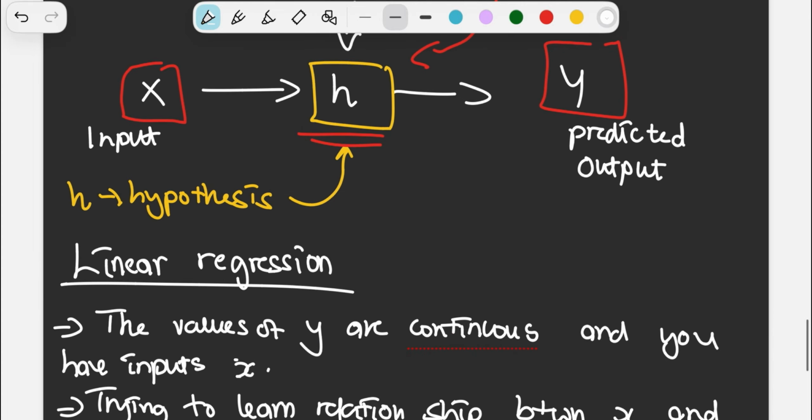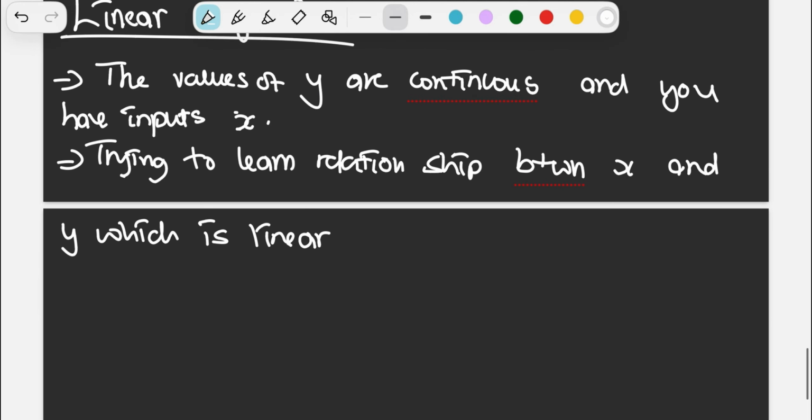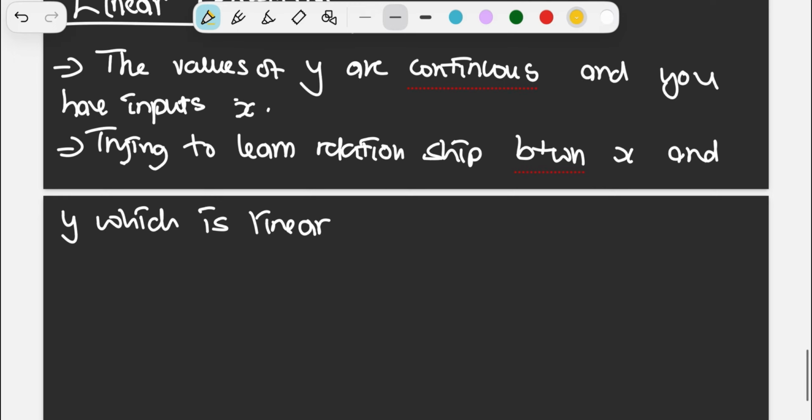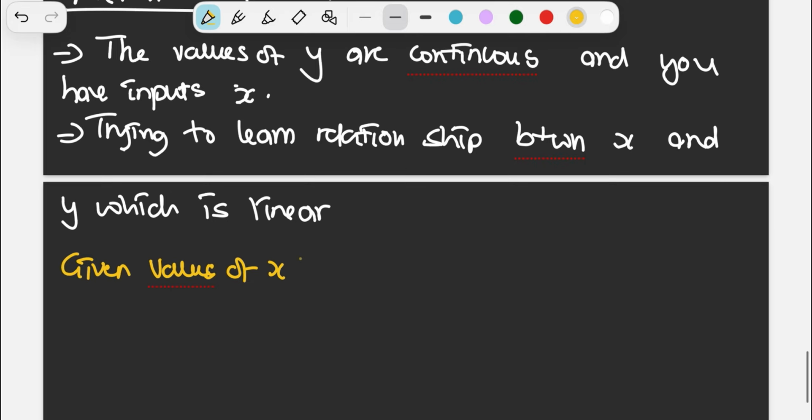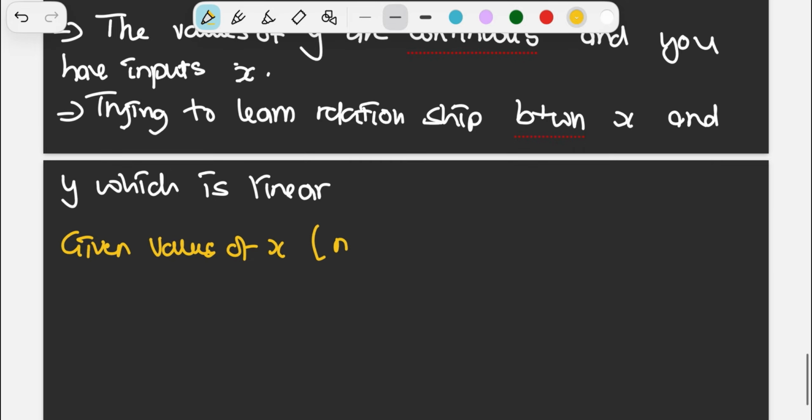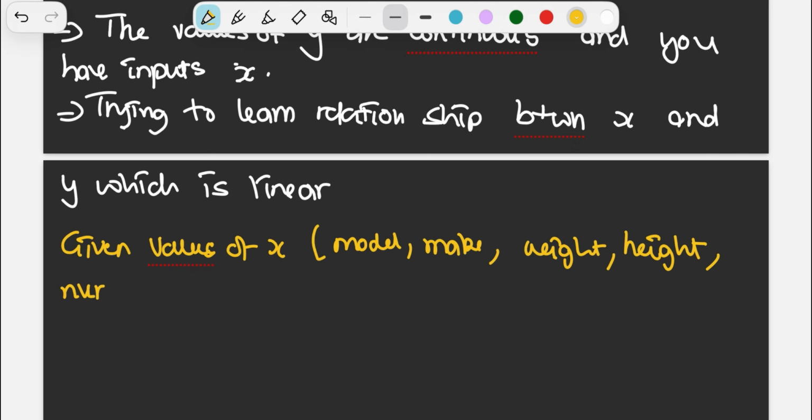What do I mean by the values of Y are continuous? If I were to give you a problem and say, given values of X, where values of X can be model, make, weight, height, number of seats, all of these are what we call values of X, what you're putting in.